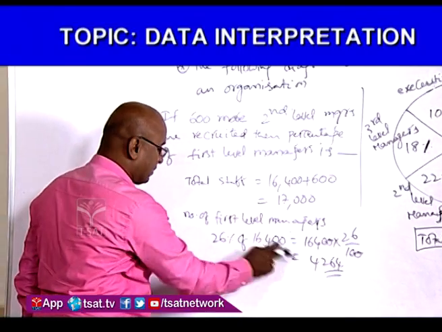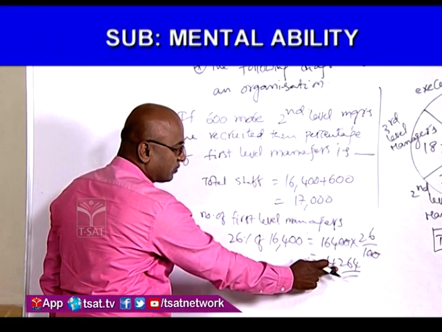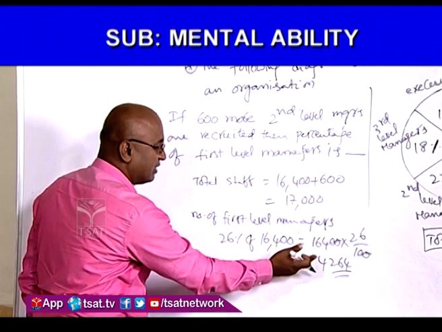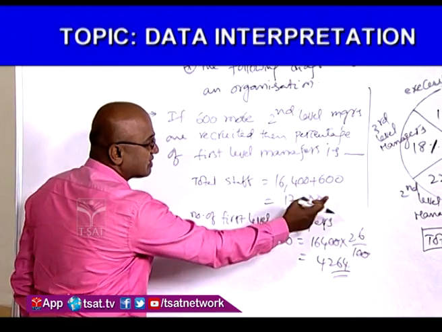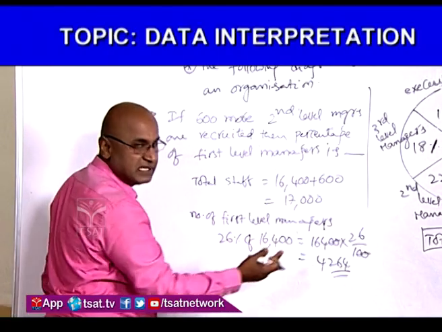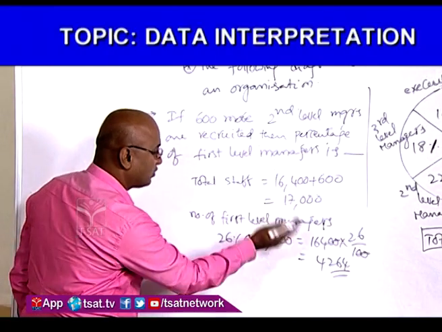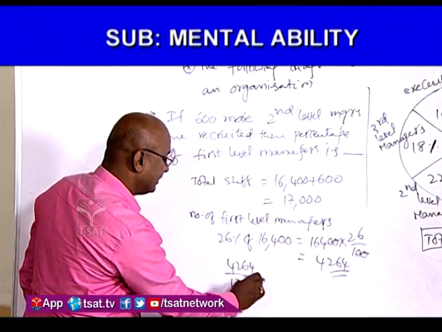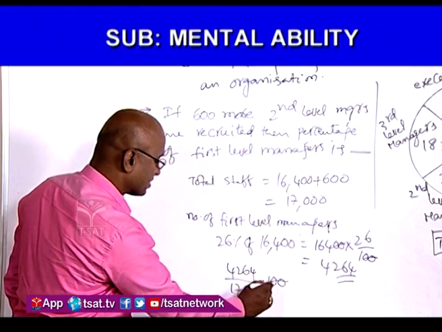Now, what is the percentage of 4,264 out of 17,000? Suppose 17,000 is 100%, then 4,264 is how much? So 4,264 by 17,000 into 100.